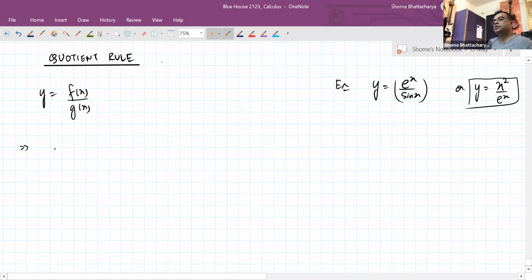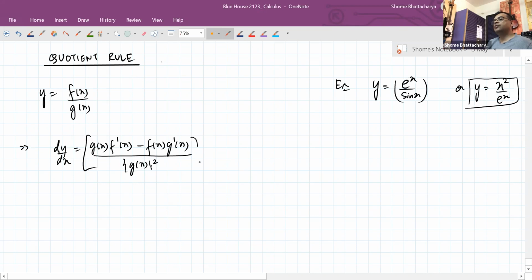You can see it's the quotient of two functions. Okay. So then this derivative is given as denominator into differentiation of numerator minus numerator into differentiation of denominator divided by the denominator whole square. So it's a bit of a lengthy and complicated formula.